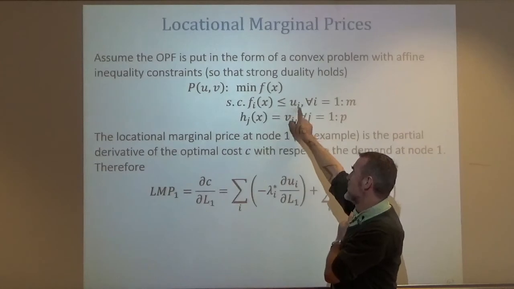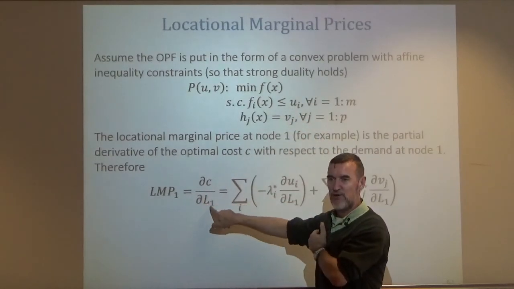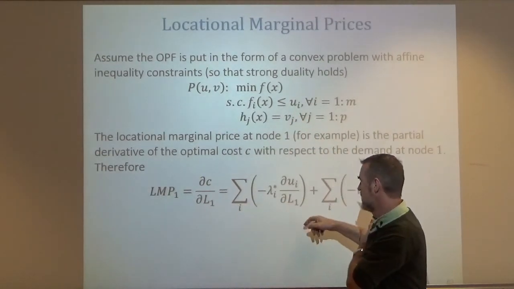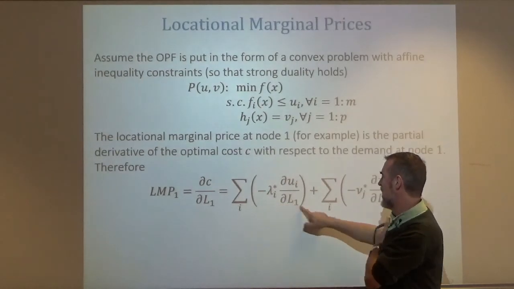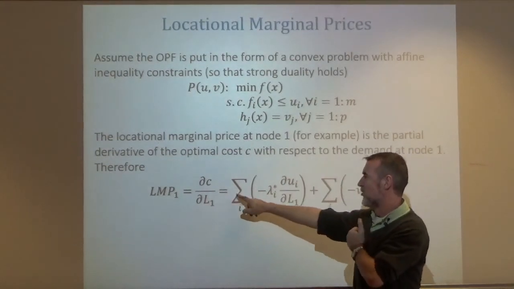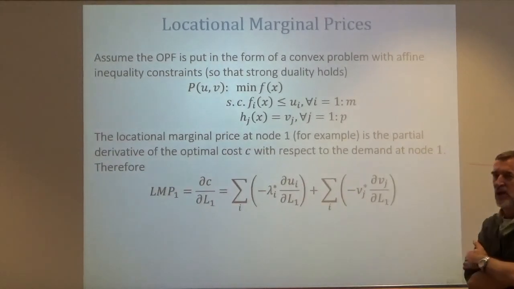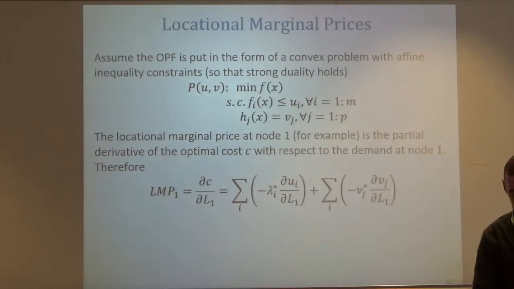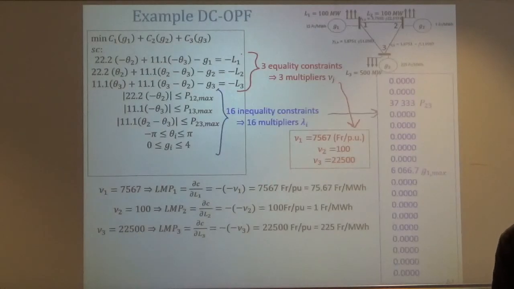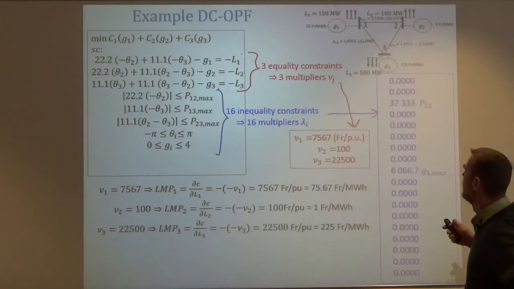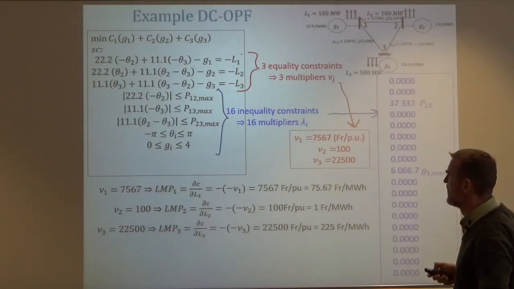Now, if the constraints are themselves expressed as a function of L1, which in our case are linear functions, then we have, obviously, this function. The derivative of C with respect to L1 is, by the total derivative formula, the sum of the chain derivatives here. I did this for this example, which is the DC formulation of this example.